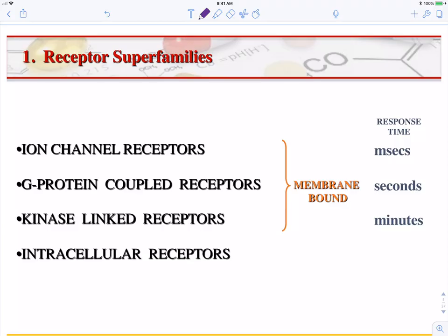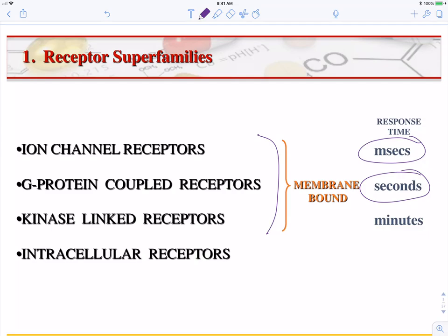The first three types are membrane bound, so they're found on the membrane of cells. And what's different between these types is the response time. Ion channels are activated immediately, on a microsecond time scale. G-protein coupled receptors basically generate a downstream signal within seconds.